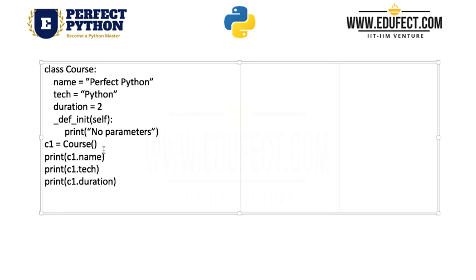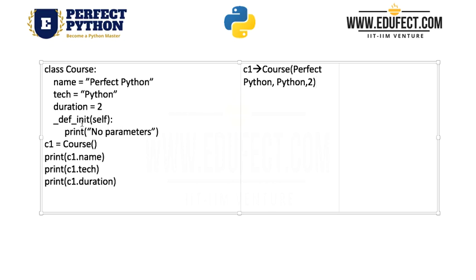So when we now construct our object C1 of type course, it will have the values perfect Python, Python and 2.